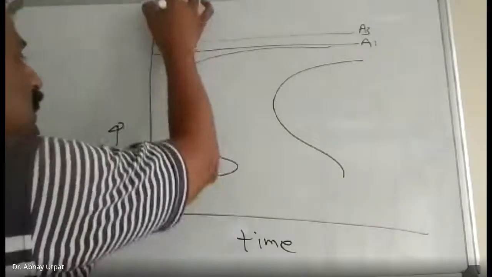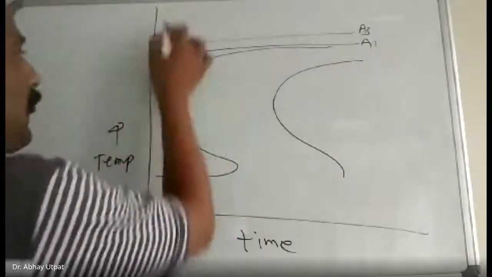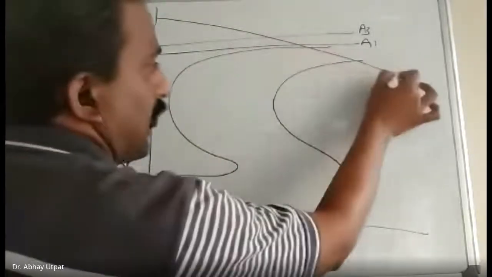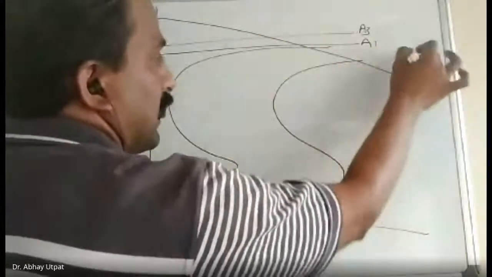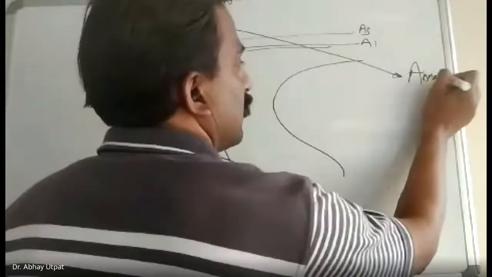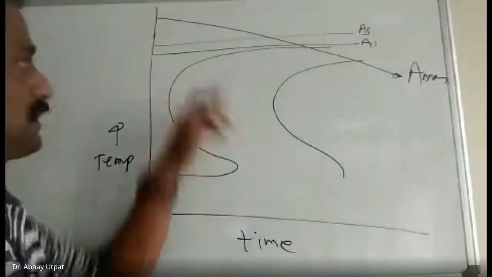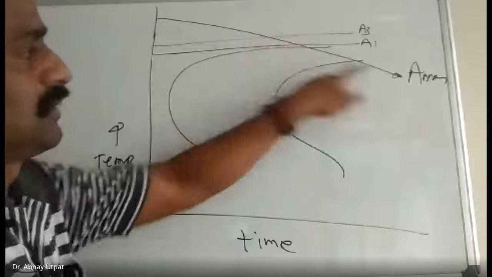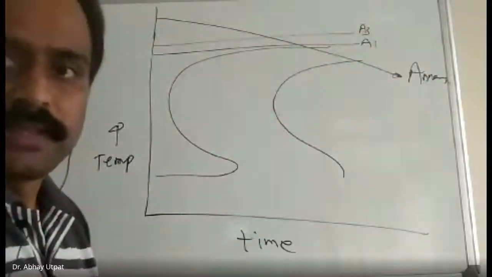I am repeating it. See here, very slow cooling is annealing. I am writing A for annealing. Formation of proeutectoid alpha is more and it will give annealing.